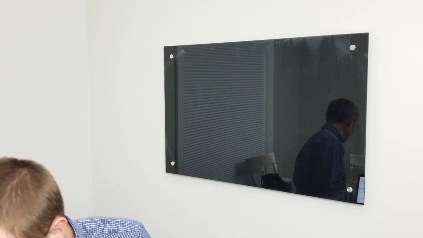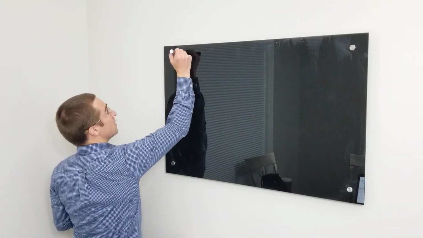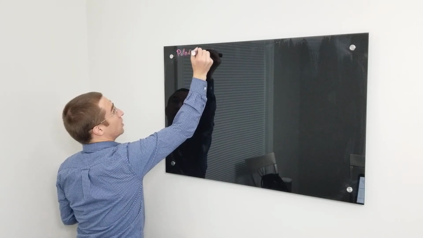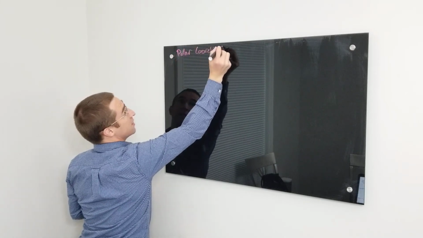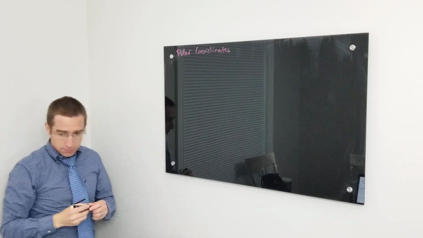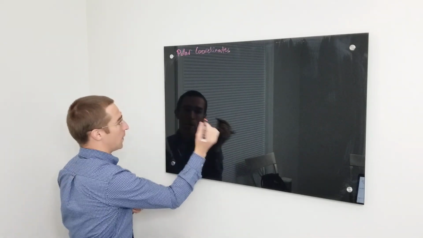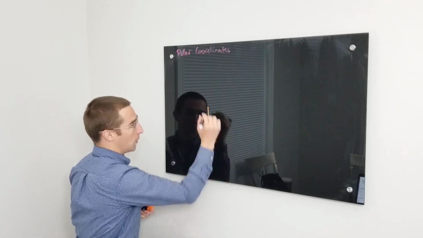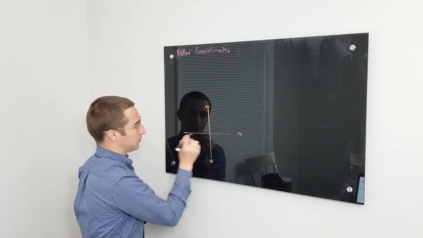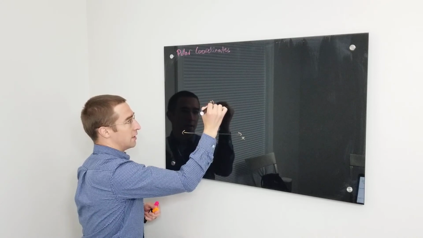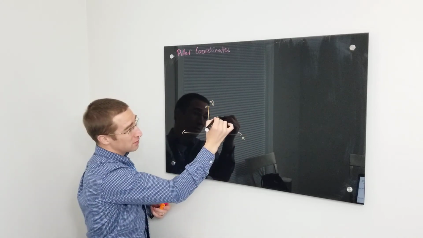Okay, so let's go ahead and start talking about what polar coordinates are. You know when you have x, y? So here's x and y, and let's say you've got some point.